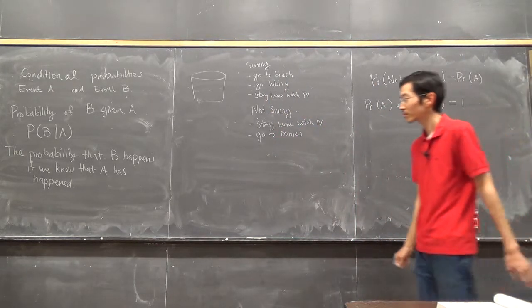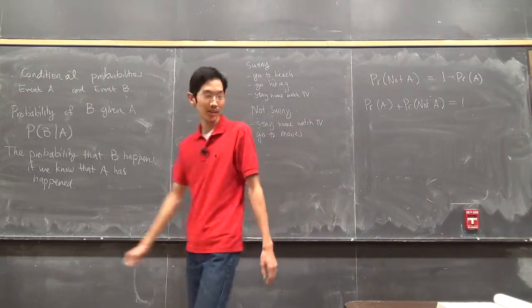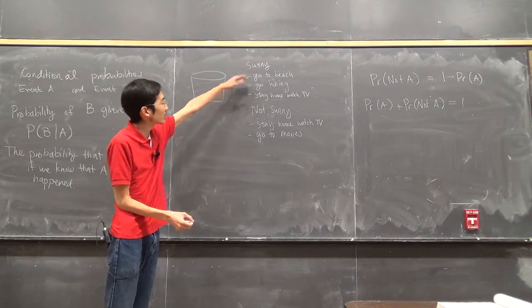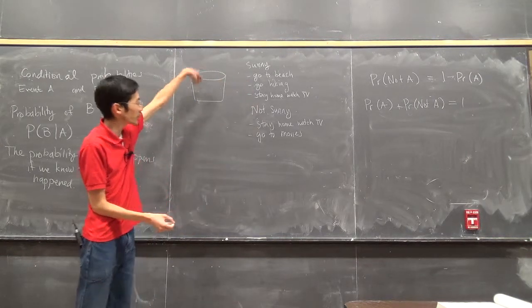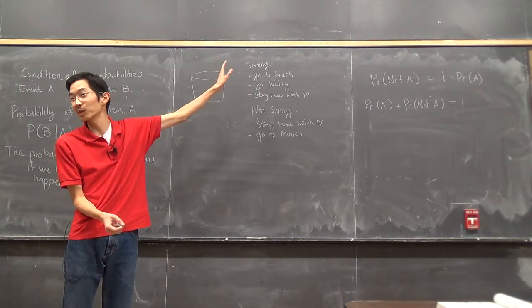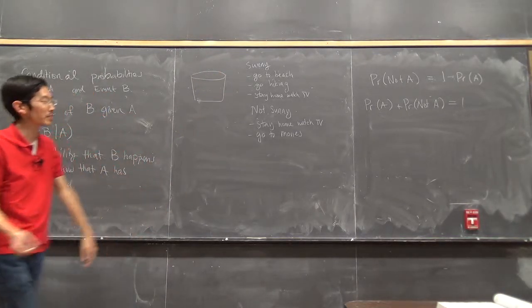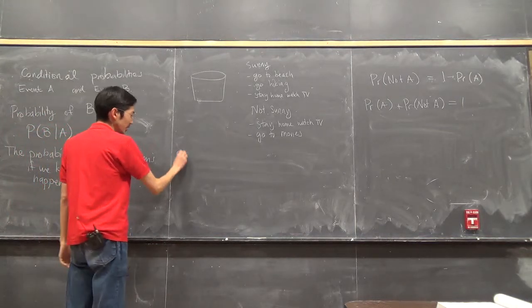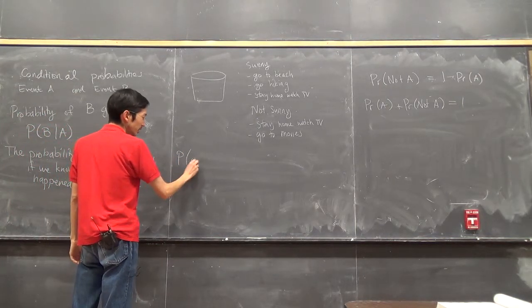So if it's a sunny day, we would write each of these things on a piece of paper, throw them in the bucket, and reach in. Each one has an equal chance of being selected. Is that right?